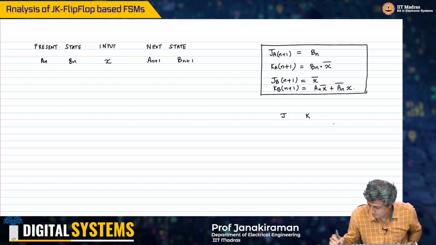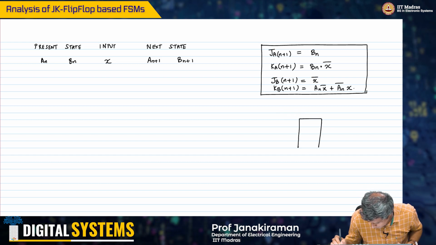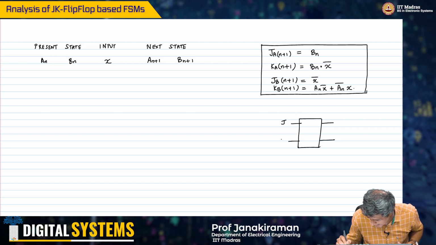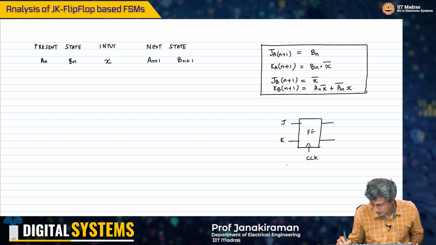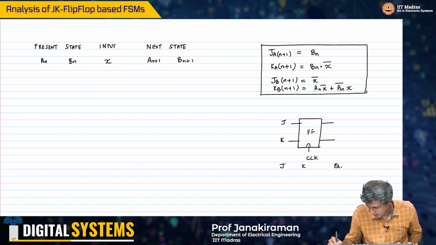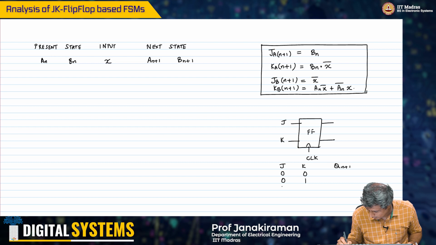If I have a JK flip-flop in general, JK, and this is a flip-flop with a clock, the characteristic equation is Qn plus 1, for JK equal to 0 0, 0 1, 1 0, 1 1.